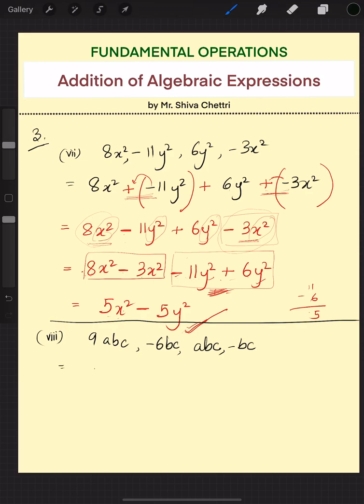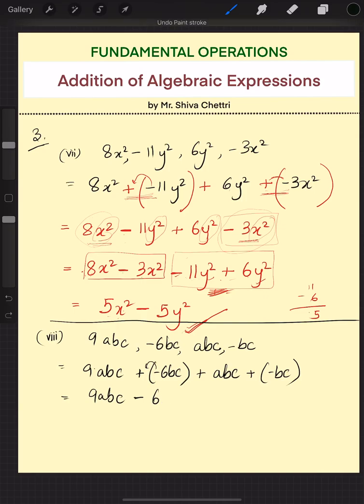So I'll directly write, all right, 9abc plus minus 6bc plus abc plus minus bc. So 9abc, minus and plus, if you multiply, you'll get minus 6bc, okay, plus abc, minus and plus, you'll get minus bc.